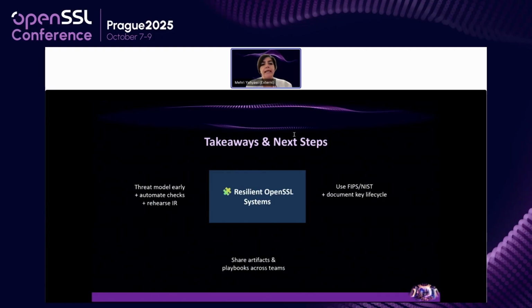We need to implement threat modeling in the network, because sometimes people think threat modeling is a luxury, a waste of time and energy, but actually it's not. We need to threat model early, and we should automate validation and provide actions to prevent attacks and the exploitation of potential vulnerabilities in the network and infrastructures.